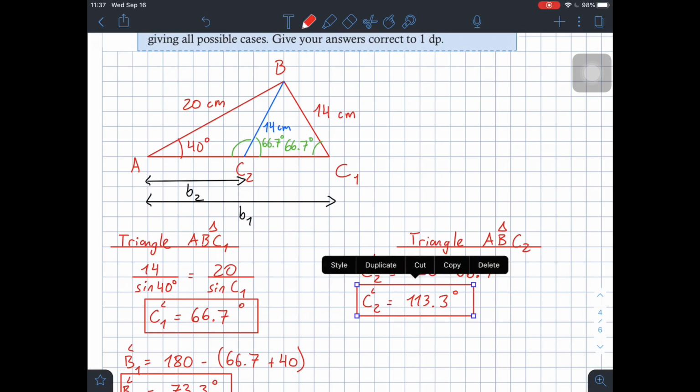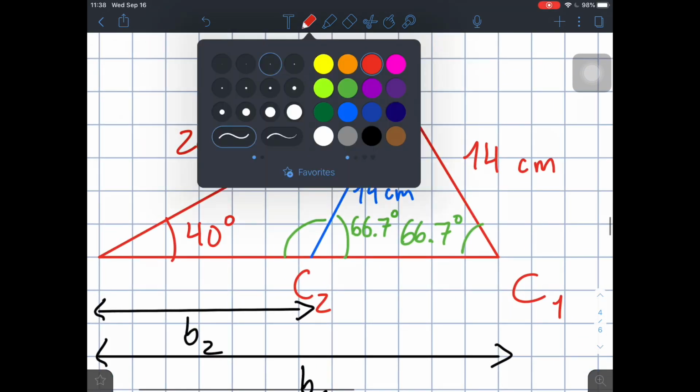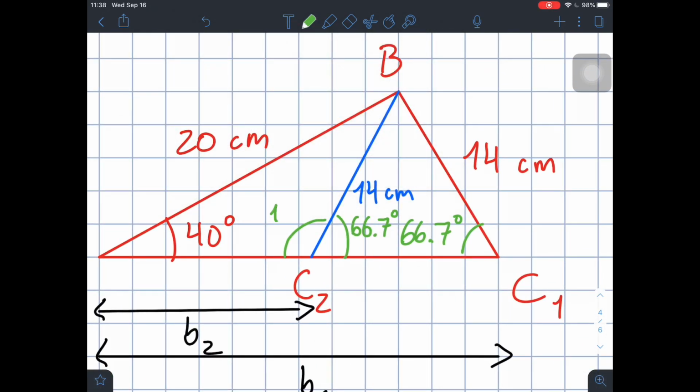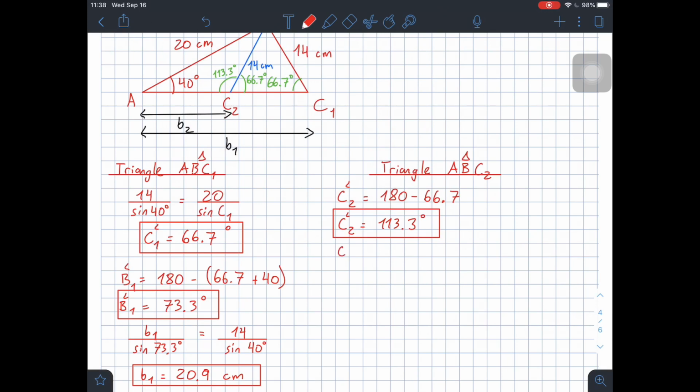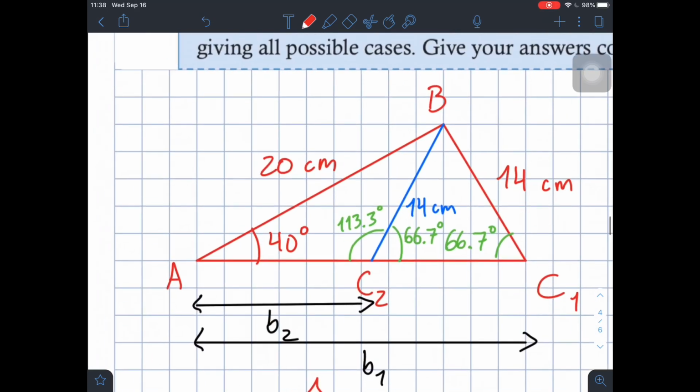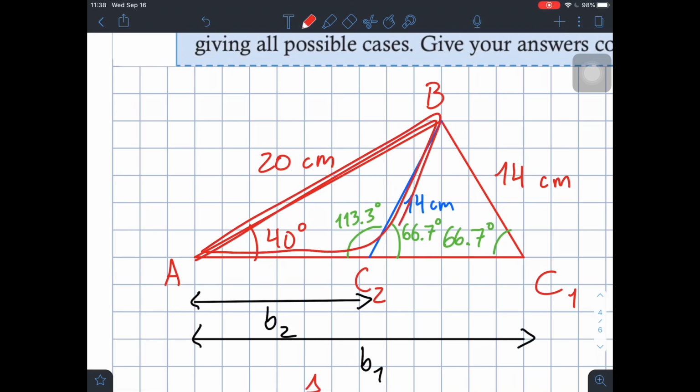So this is this angle over here, 113.3 degrees. So we can say here that angle C1, just to make this clear, is the supplementary angle of angle C2. Okay, so we already have that angle, so now we can solve this obtuse triangle over here.